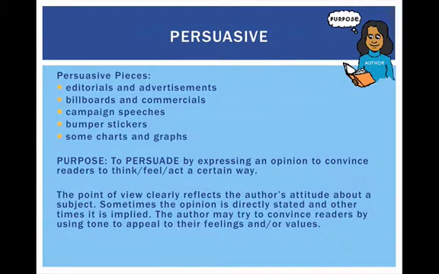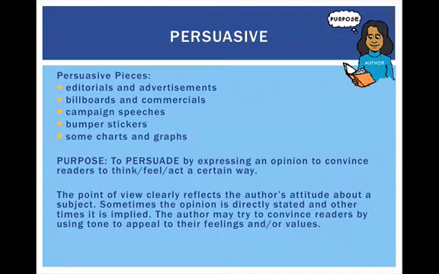So persuasive pieces include editorials, billboards and commercials, campaign speeches, even bumper stickers, and also some charts and graphs depending on the content. The purpose of persuasive writing is to express an opinion and to convince readers to either adopt that opinion or to think and feel and act a certain way. So the point of view clearly reflects the author's attitude about the subject.